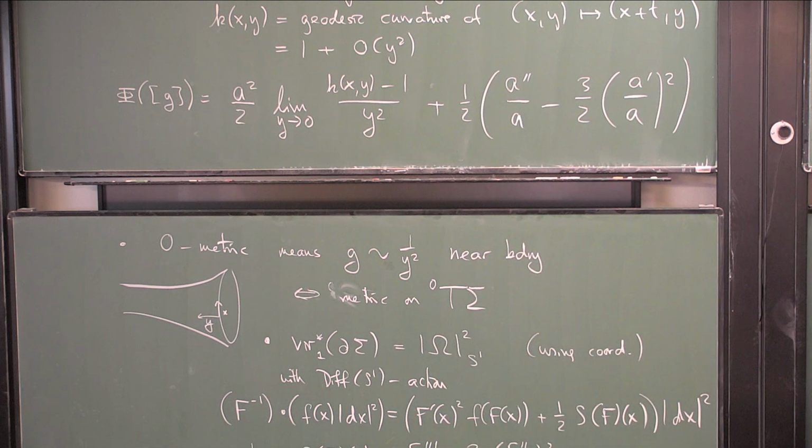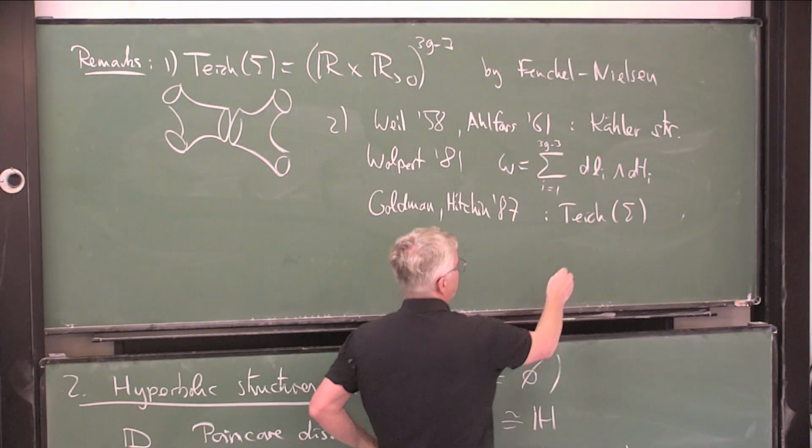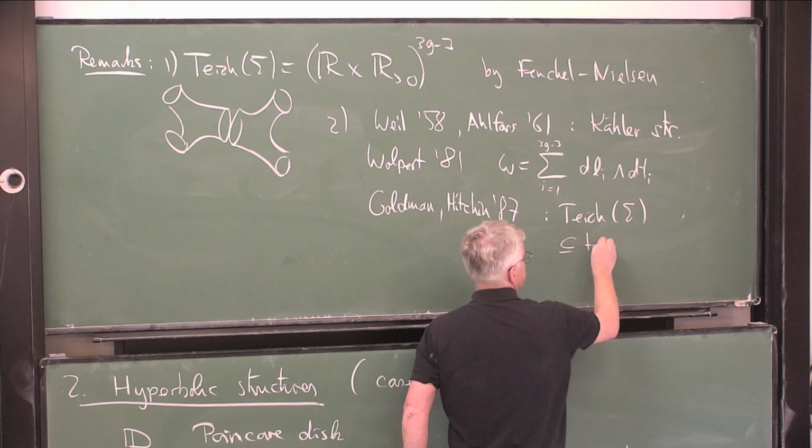And then there's another approach to the symplectic structure, independently due to Goldman and Hitchin, around 87, who observed that Teichmueller space is actually a connected component of the representation variety.